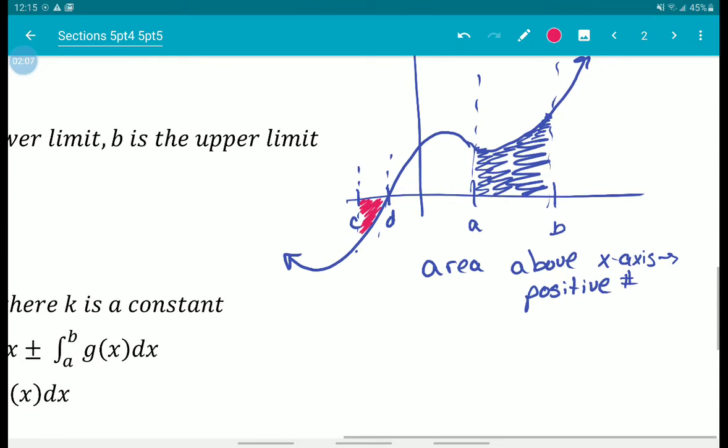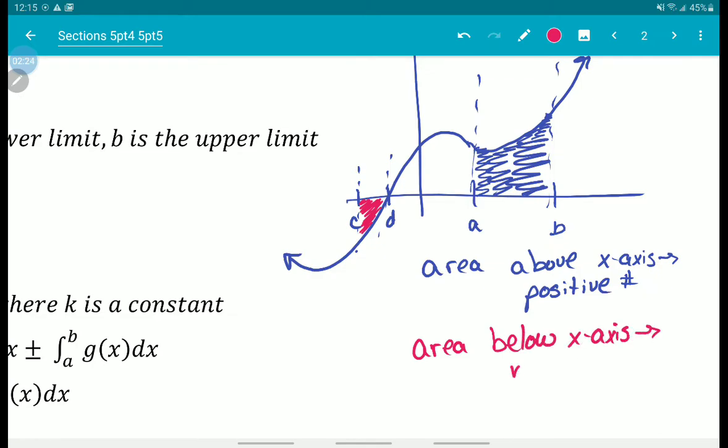It's below the x-axis. And when that happens, then when you integrate, you're going to get a value that's a negative number. And all that means is that that lives below the x-axis. Okay, so numerically you would get out a negative.